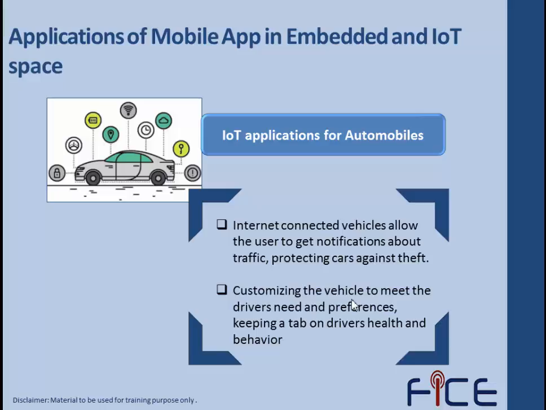It may be to know the shortest route possible, or it may be to customize the vehicle to meet drivers' needs and preferences, or it may be to get notifications about traffic, or it may be to protect the cars against theft, or it may be to get information about the weather and en route destinations, or keeping a tab on drivers' health and behavior.